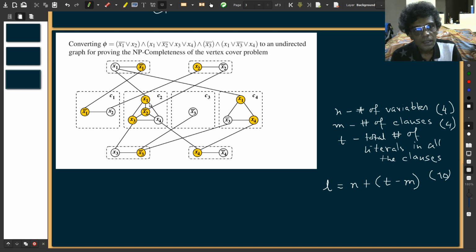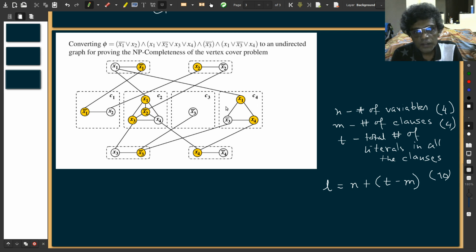Okay. But additionally, I must be able to cover these edges which connect variable gadgets with clause gadgets. And this is where the satisfiability question comes into picture in a very subtle way. So in particular, how many can I take from this?